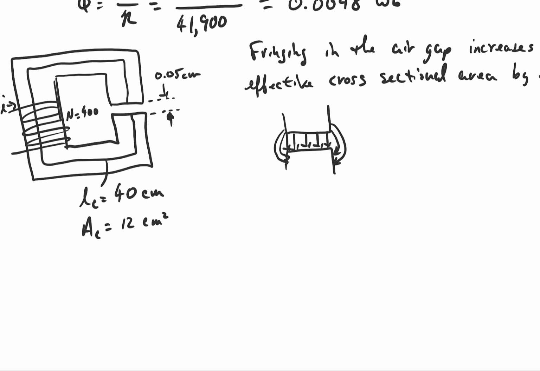And so it's more than just this area here in terms of the cross-sectional area of the flux path in the air gap, and that's what the fringing is. So we're just going to throw in a 5% factor there to say that at the air gap, my effective cross-sectional area is actually 5% more than the cross-sectional area of the core itself.